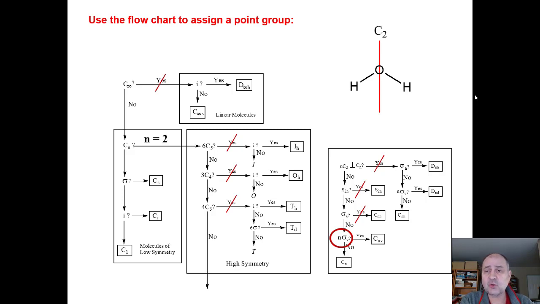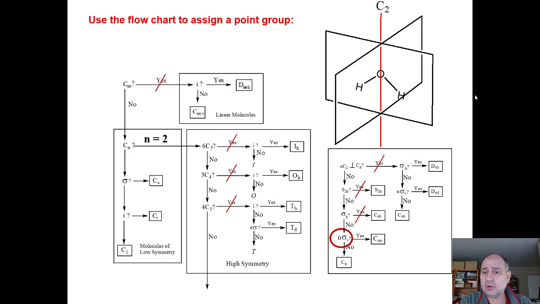So now we're looking for 2 sigma v's that are vertical, and we definitely have 2 vertical mirror planes here through this water molecule. So fantastic. We have said yes, and we have arrived at our point group. So Cnv, replacing n with 2, we have a C2v symmetry.